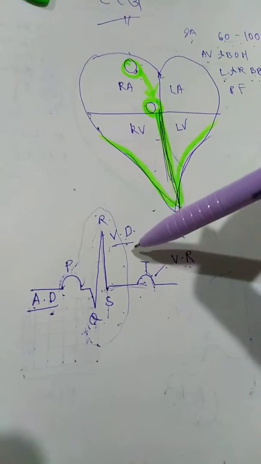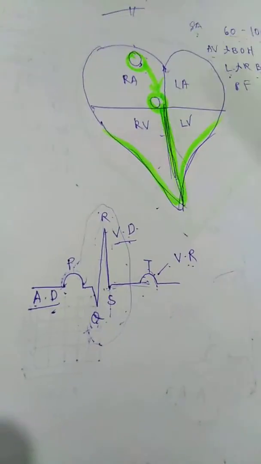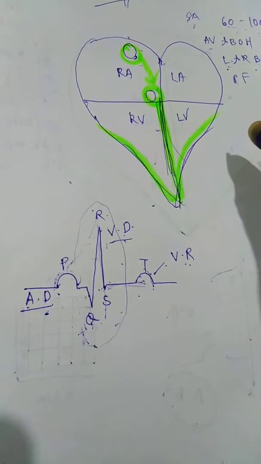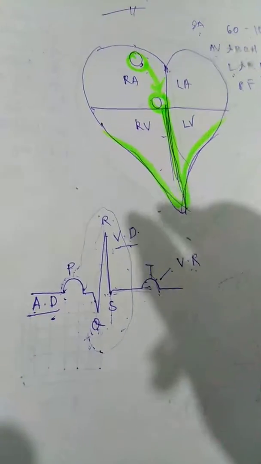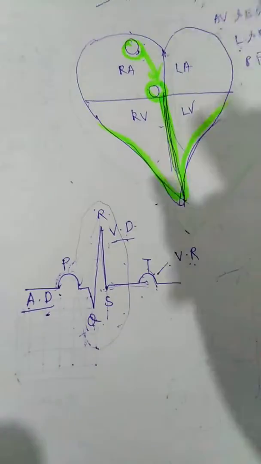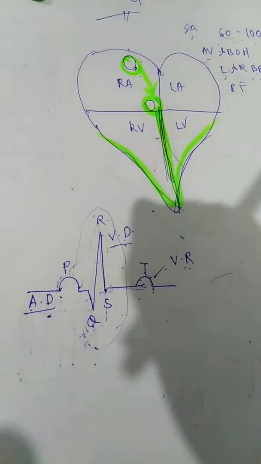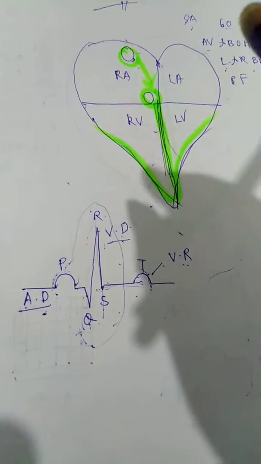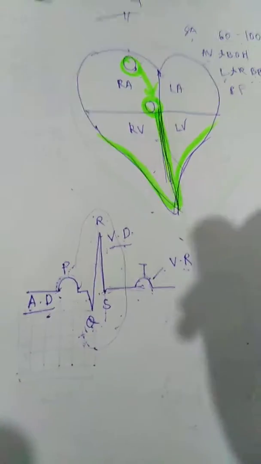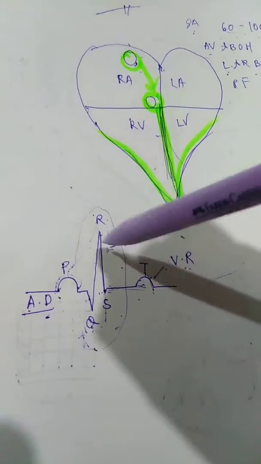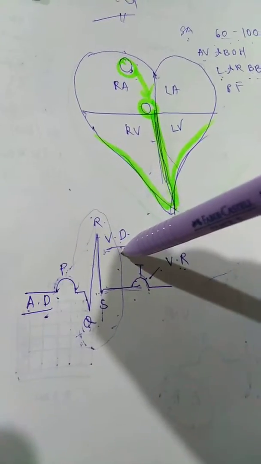So as your ventricle contracts, it masks your atrial relaxation, because the interval between your atrial relaxation and the ventricular contraction is very, very small. So as your atrium relaxes, it is masked by the tough and strong contraction of your ventricles during the phase of ventricular depolarization.